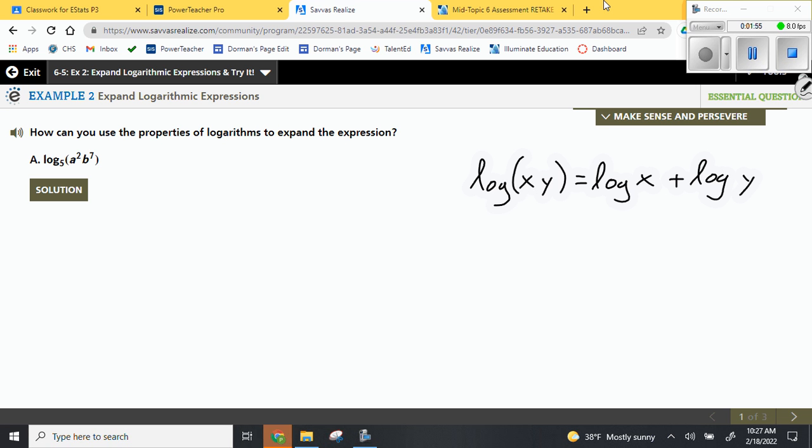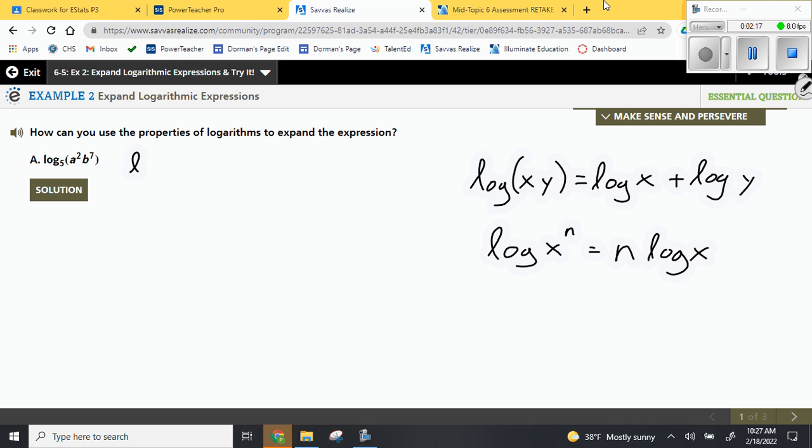So let's do that to this one. The other property we're going to use is that if I have some log of x to the n power, I would write that as n times log of x. So I'm going to use both properties. I'm going to do the first one first and the second one second.